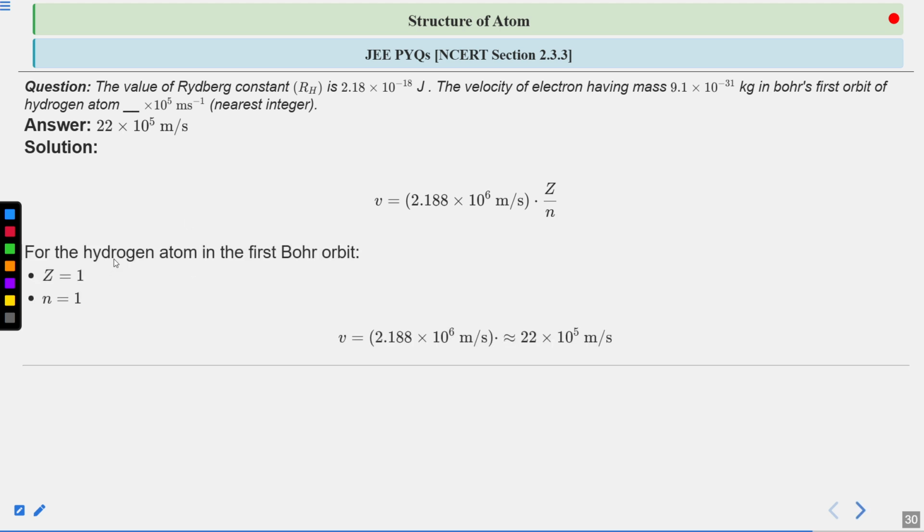So for the hydrogen atom in the first Bohr orbit, Z is 1 and n is also 1 because it is in the first orbit. So V is given by 2.188 times 10 to the power 6 multiplied by 1 by 1, that is 1. This corresponds to 22 as the nearest number multiplied by 10 to the power 5. Hence the correct answer is 22 times 10 to the power 5.